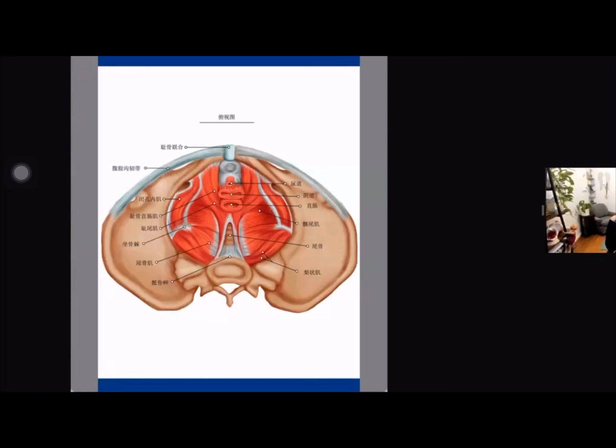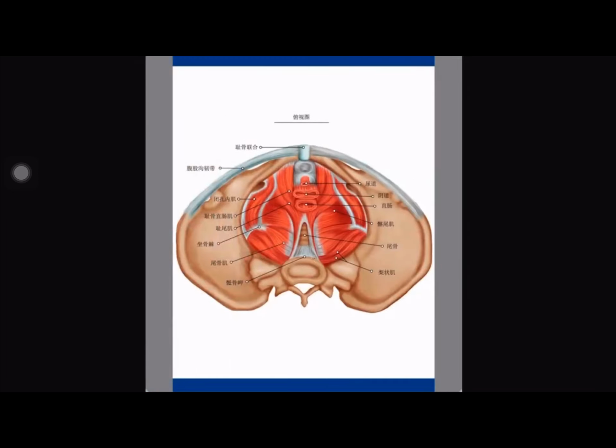Any kind of pain means there usually is a pelvic floor issue. So if someone has a pelvic floor issue, they could have pain in many different places. So let's look again at the anatomy. You can see that the pelvic floor connects all over the pelvis to many different places.